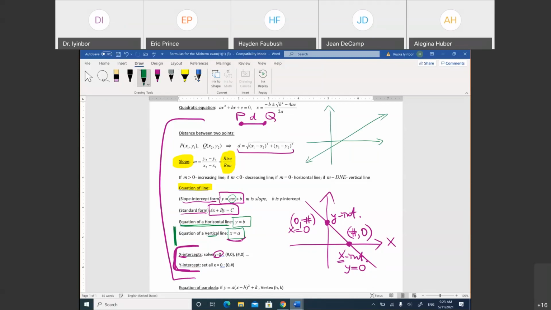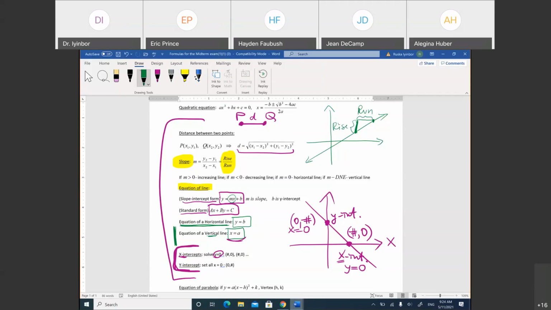From one point on this line to another point, I need to go how many steps up and how many steps over. So this ratio, the change in x over the change in y, this is the rise, and the change in y is the run. So rise over run is going to give me the slope.